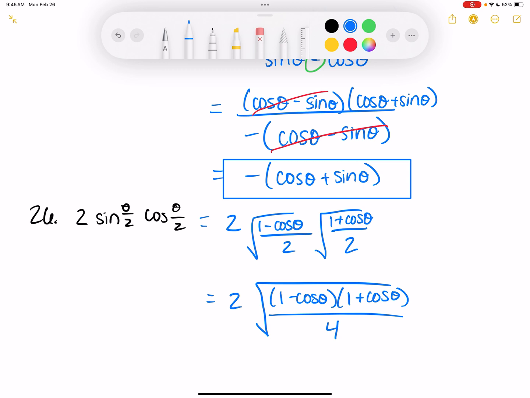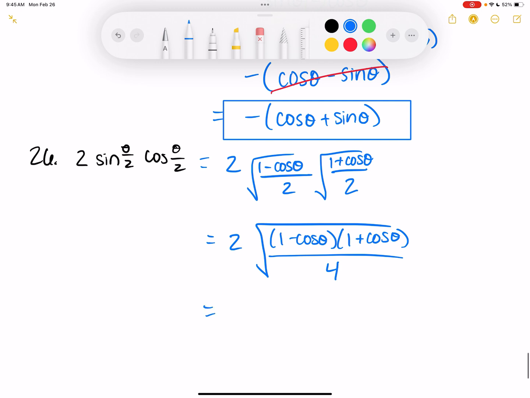Special type. What's the difference of squares? Yep. So it's a difference of squares, so it's going to be 1 minus cosine squared theta. So 2 times the square root of 1 minus cosine squared theta over 4. And what's 1 minus cosine squared theta?